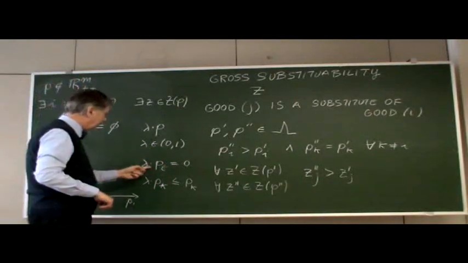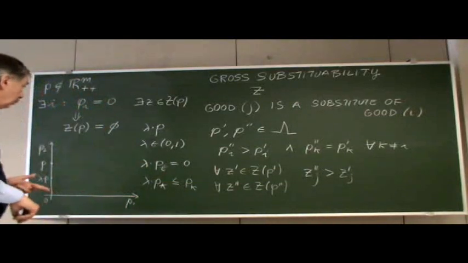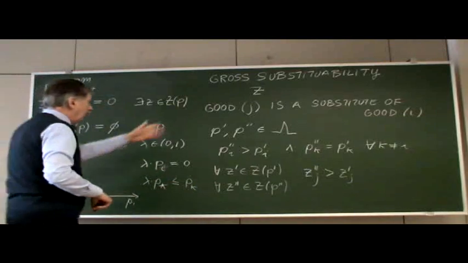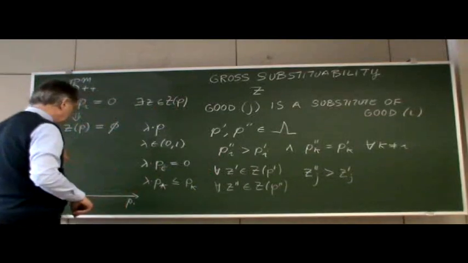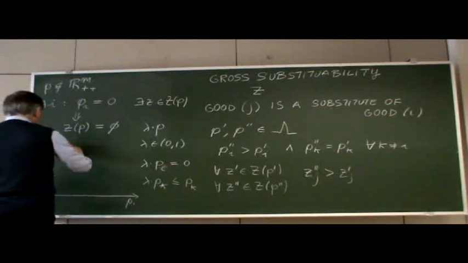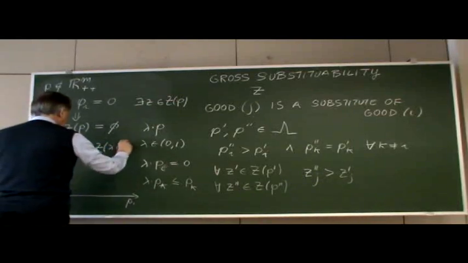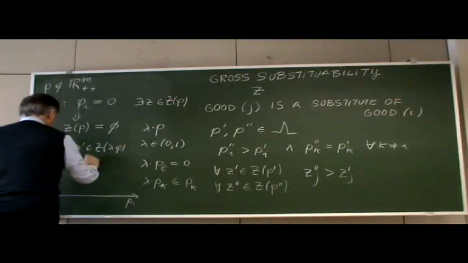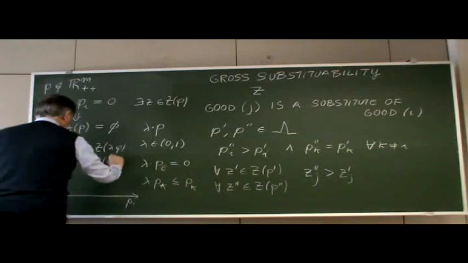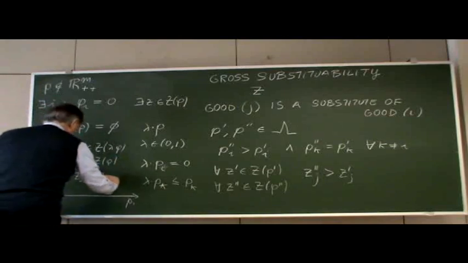Since good I is a gross substitute to every other good, the demand of good I, according to our definition, must diminish. So, let us write here, for every Z prime in Z of lambda times P, for every Z in Z of P, Z prime I must be lesser than Z I.